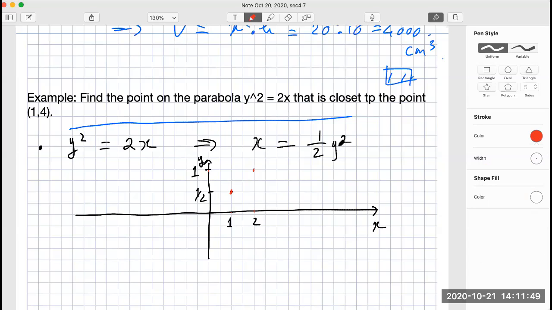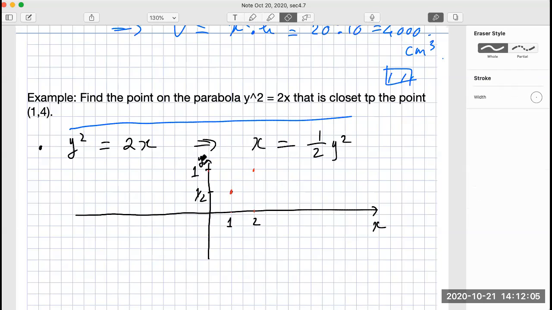At 2 it is 2. Wait. Oh, my bad. Oh, okay, I see. We look at this. I put the wrong numbers.